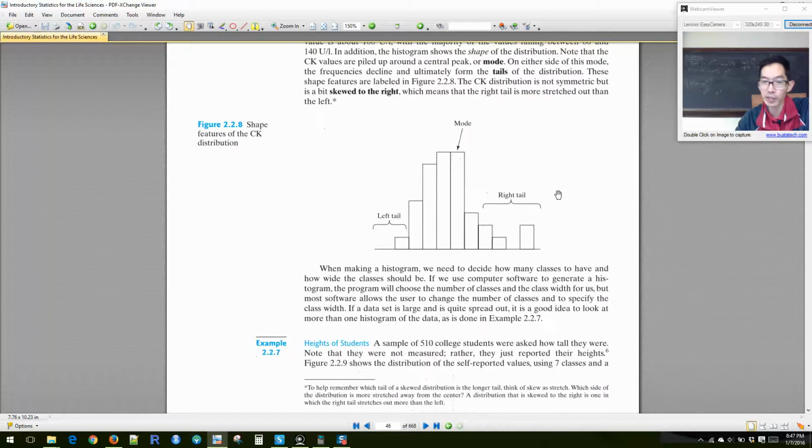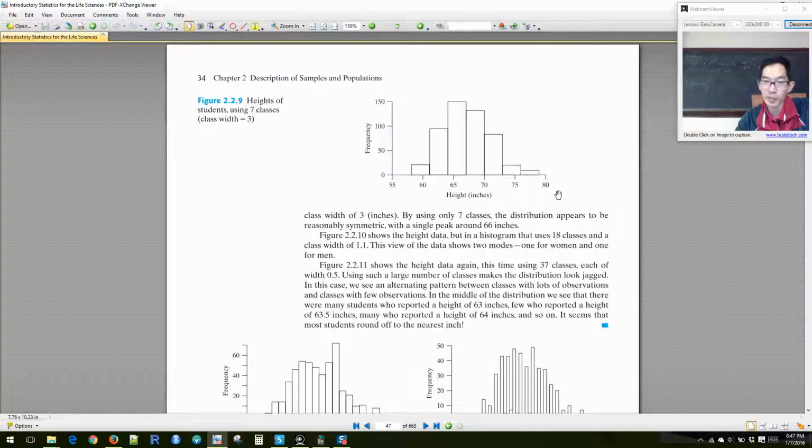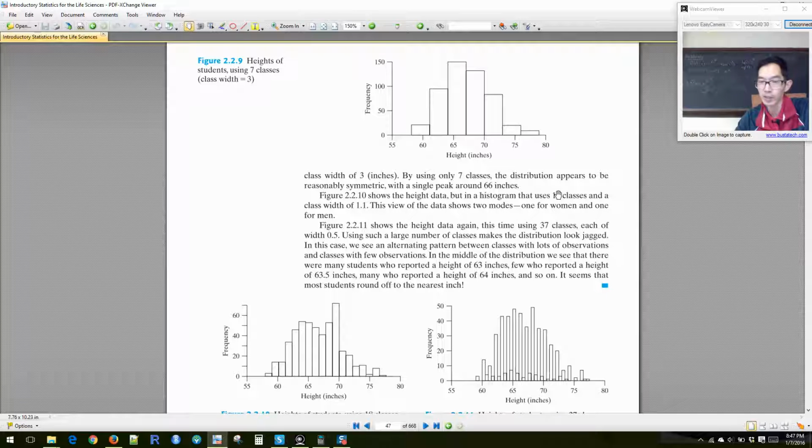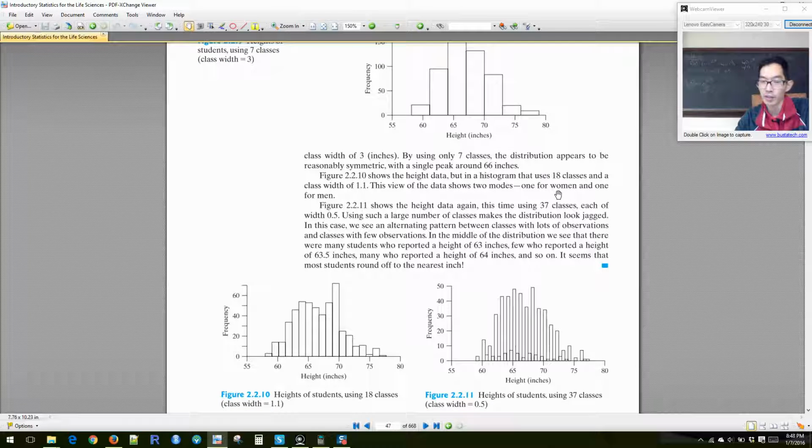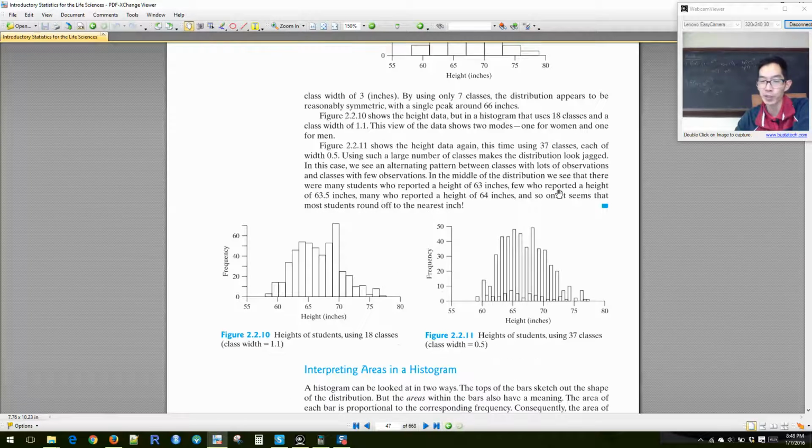Now, we can talk about the shape of the histogram, or the shape of the distribution of data. Here we're talking about numeric variables.